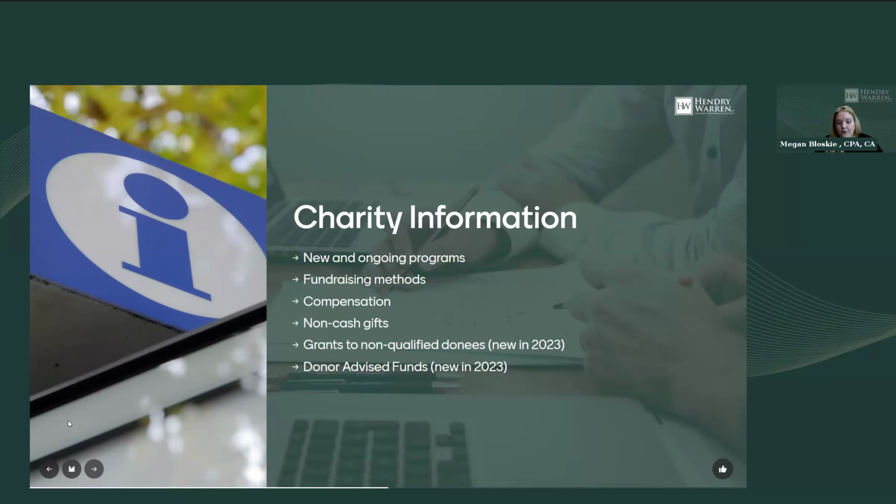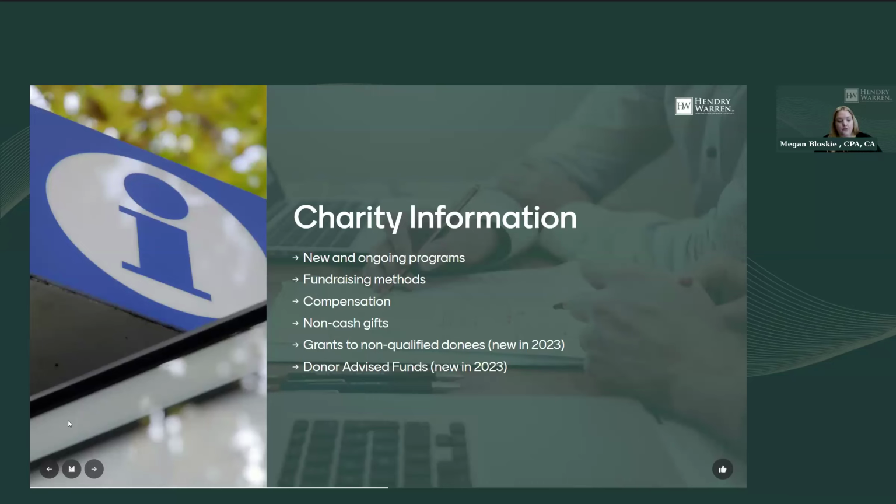Two new considerations for 2023 were grants to non-qualified donees and donor-advised funds. These are newer topics introduced by the CRA. Non-qualified donees are organizations, whether they are operating in Canada or internationally, that contribute to the charitable activities, but do not have a registered charity status with the CRA.